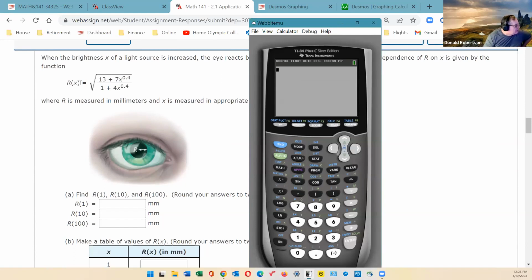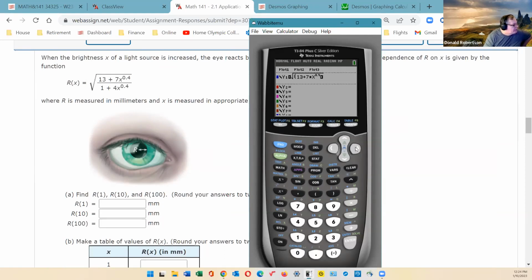Right, so I've got this formula over here. I'm going to hit y equals. And I'm going to do a square root of, and as a fraction, so it's a good idea to do a bracket and do 13 plus 7 times x to the power of 0.4.